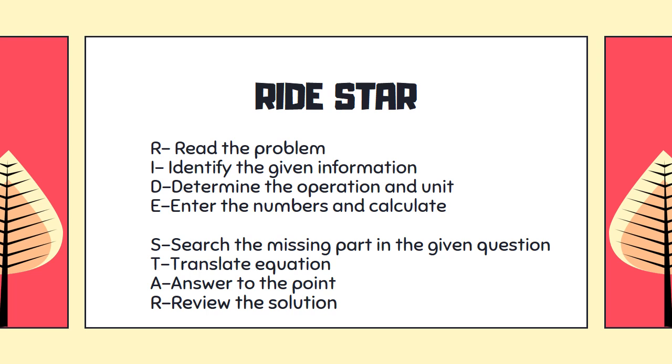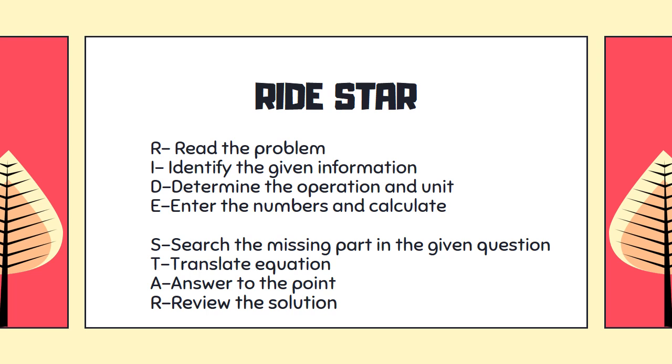Then E stands for enter the numbers and calculate, which means by using a specific formula you're going to substitute the numbers and calculate. Now S is nothing but searching the missing part, that is trying to find out what they are actually asking in the question. So missing part refers to what has to be calculated.